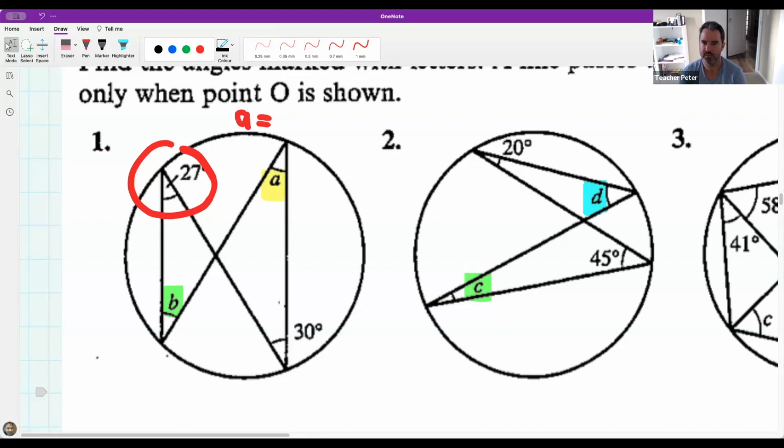There we go, first answer coming through. So, Nogumulo, yep, it is 27 degrees, and the reason is going to be angles in the same segment. So that's 27.